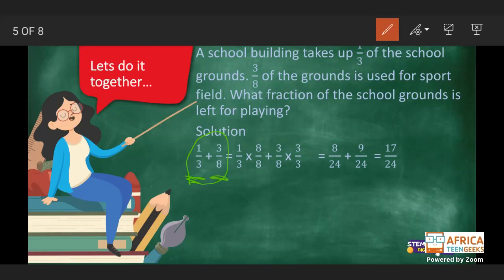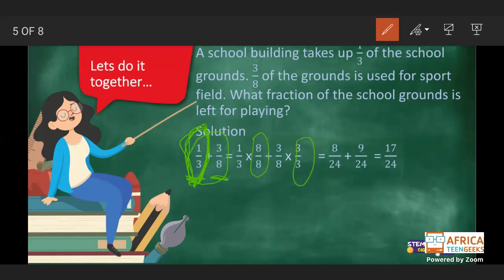Since it's 24, how many times did we move? We remember yesterday we talked about that. We moved 8 times on the first fraction to reach 24. In the multiples of 3, we moved 8 times, and in the multiples of 8, we only moved 3 times.